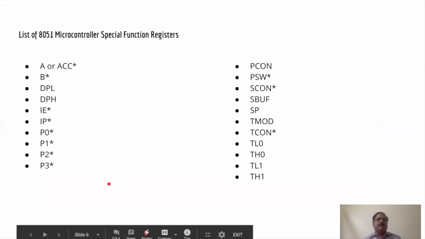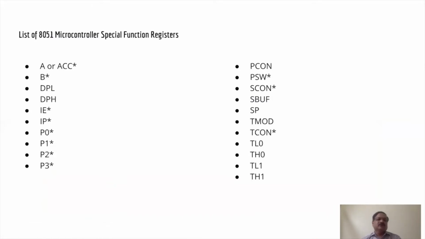Then here is the list of all the SFRs, called the special function registers, in the 8051 microcontroller. Accumulator, B register, then DPL and DPH, the data pointer, divided into two parts, 8 bits each, lower byte and the higher byte. Then these are related to interrupts, IE and IP, the interrupt enable register and priority register.